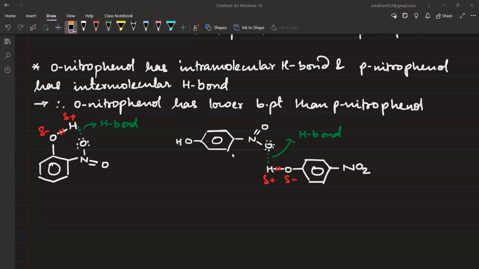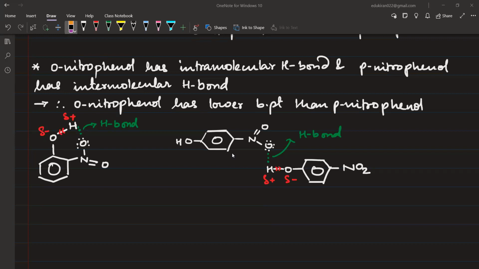That means the molecules are attracted towards each other. Different molecules are attracted with each other. It will be difficult to break them apart. That means the boiling point will be higher for p-nitrophenol. And since there is no such attraction in the O-nitrophenol, there is hydrogen bond, but that hydrogen bond is intramolecular, meaning it has no role in attracting the other molecule.